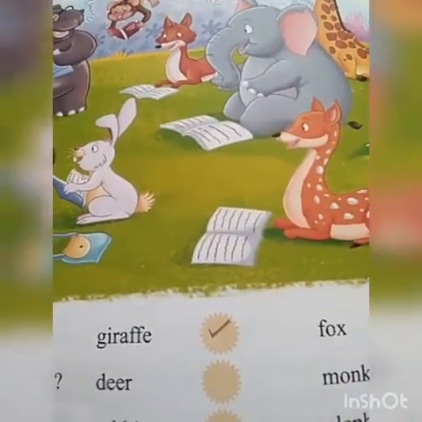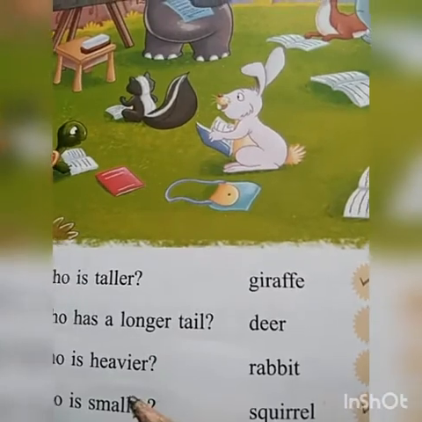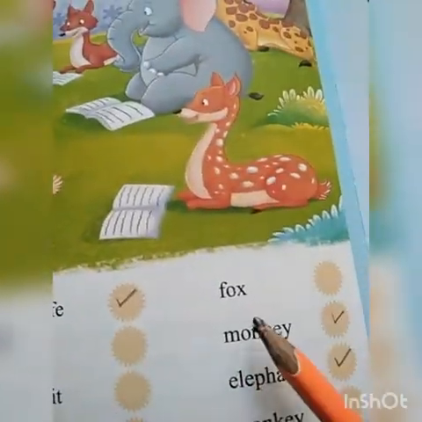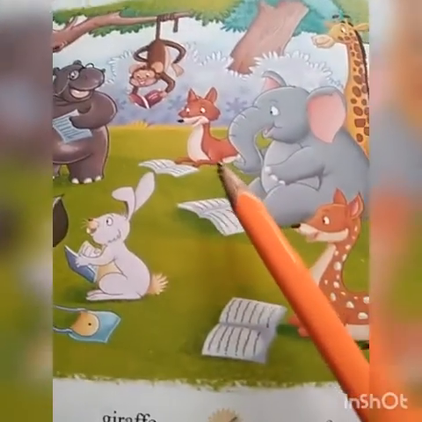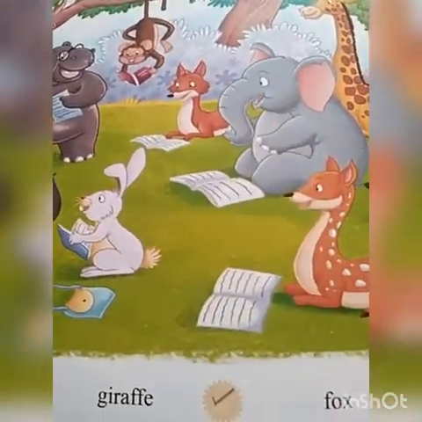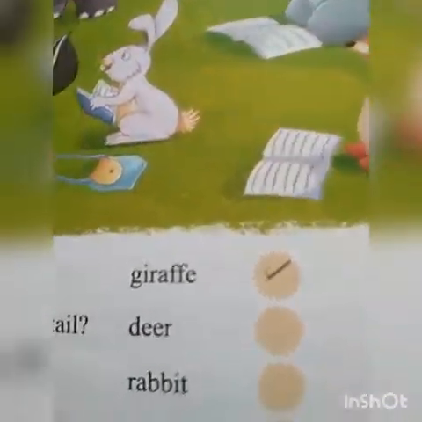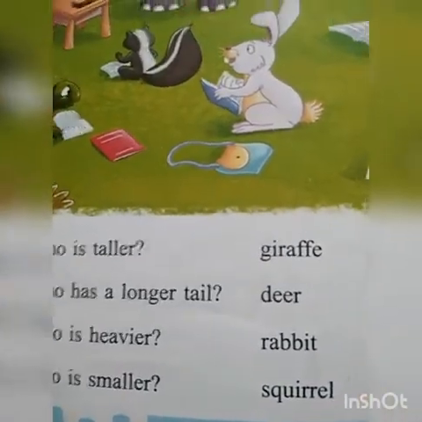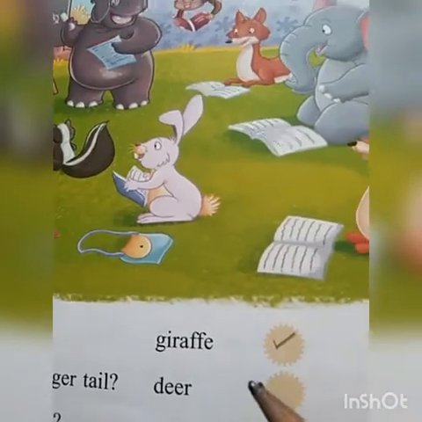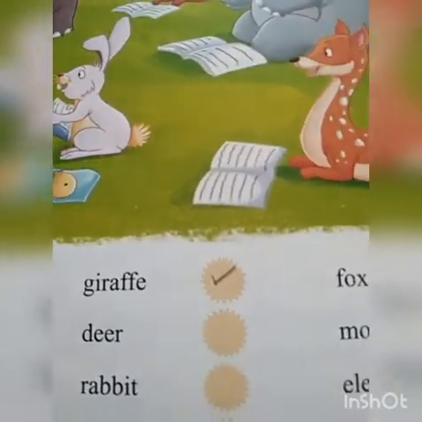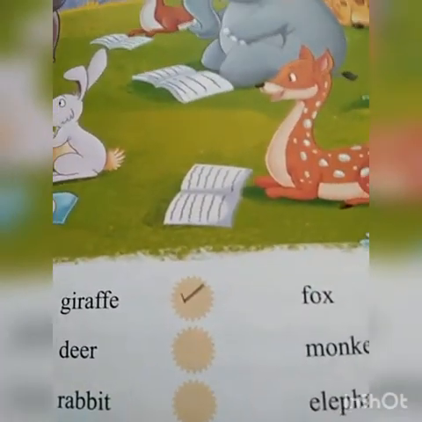It is giraffe. Then who has a longer tail, deer or monkey? So you can see the tail of the deer is small and the tail of monkey is so long. So obviously it is monkey. Now who is smaller, squirrel or monkey? So if I compare squirrel with monkey, that means squirrel is smaller.